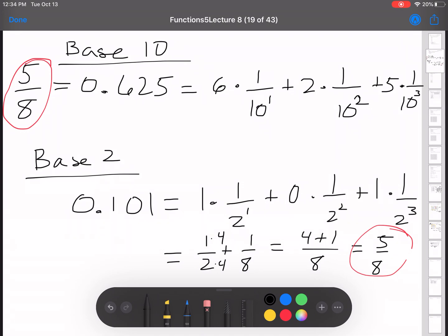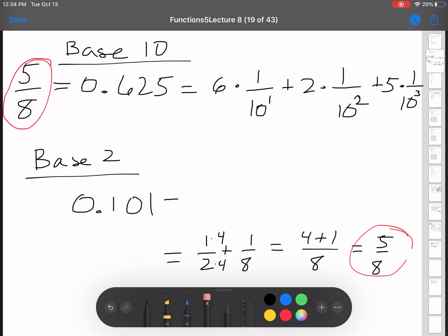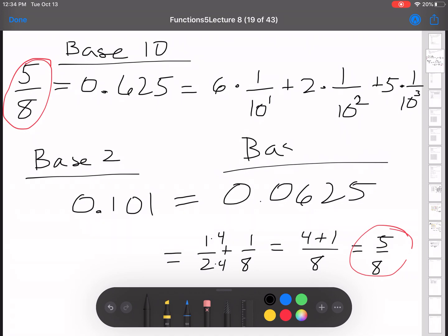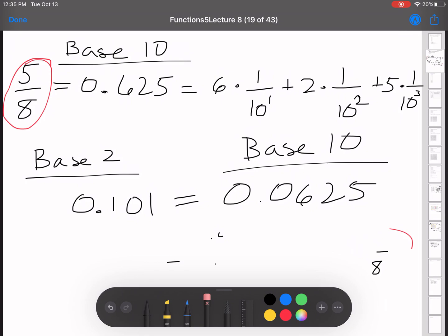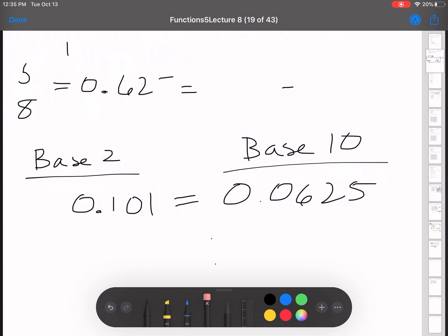What I want you to see from this is that you can convert from base 10 to binary, and it's the same thing, as long as you know which system you're using, what your base is.